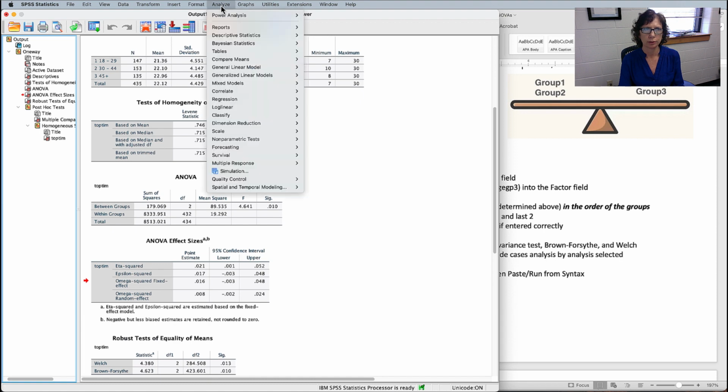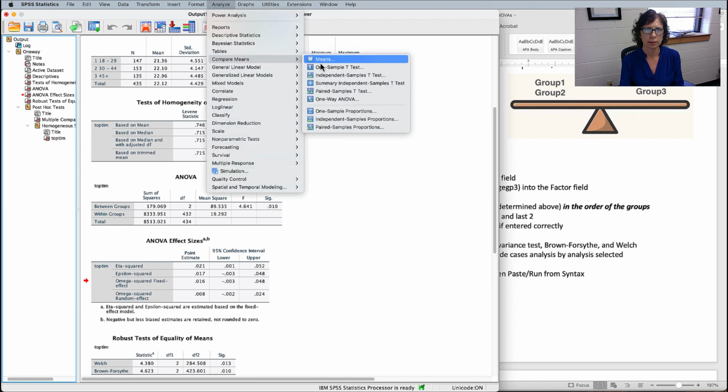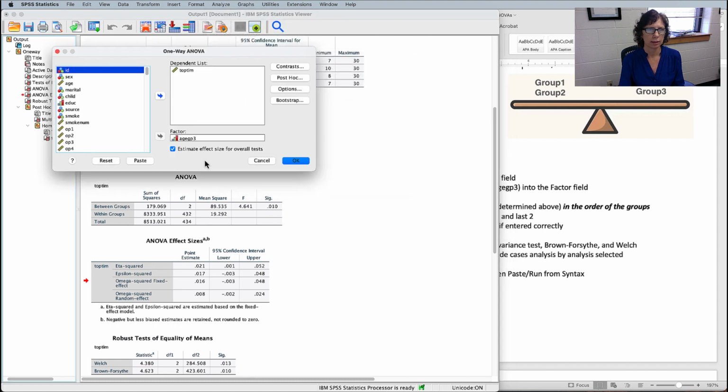We want to go to Analyze and Compare Means, One Way ANOVA. And I'm going to go ahead and reset this so that we can do it from the beginning here. We'll put the total optimism in the dependent list and age group 3 in the factor. We want to make sure estimate effect size for overall tests is checked.